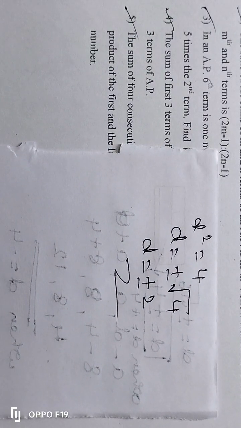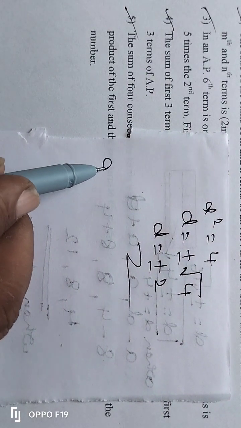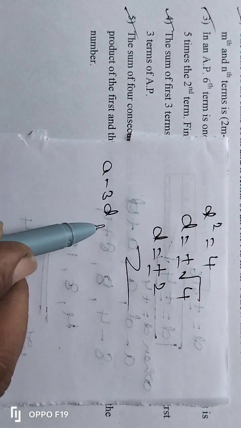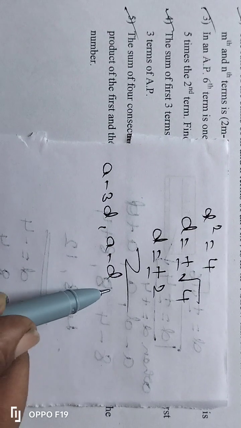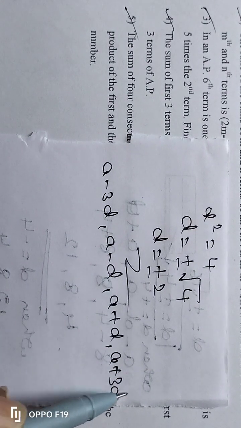Already we know the value of a, we know the value of d. Now let us write the four consecutive terms of an AP: a minus 3d, a minus d, a plus d, a plus 3d.